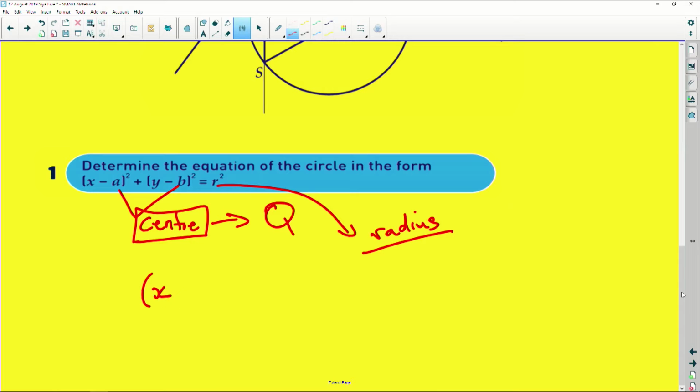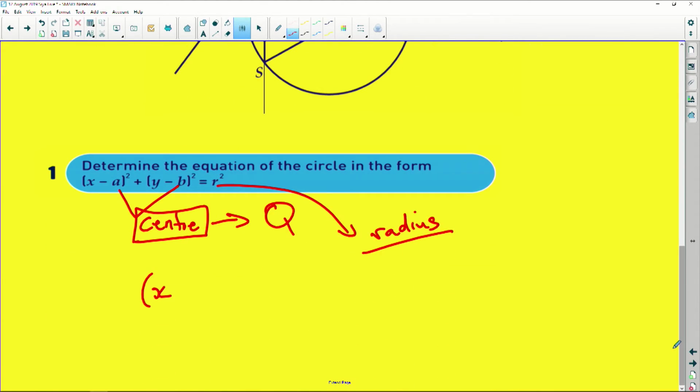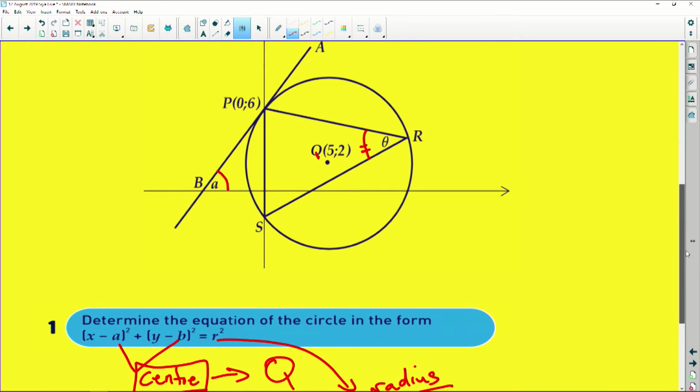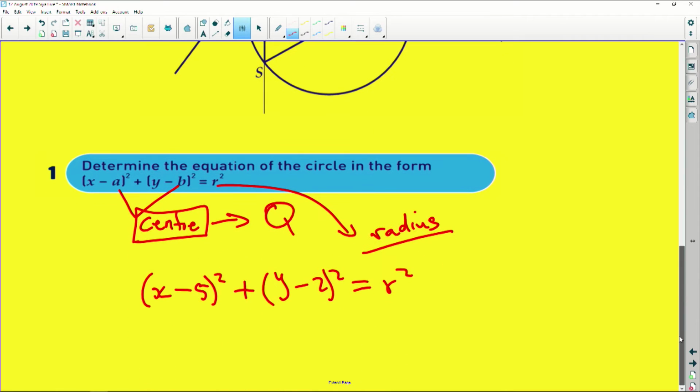So this will be x. Now the center of the circle, which is the coordinates of Q, was (5; 2). So this will be x minus 5 squared plus y minus 2 all squared is equal to r squared. From here, I will need to substitute any point that lies on the graph. In this instance, I have the point (0; 6).